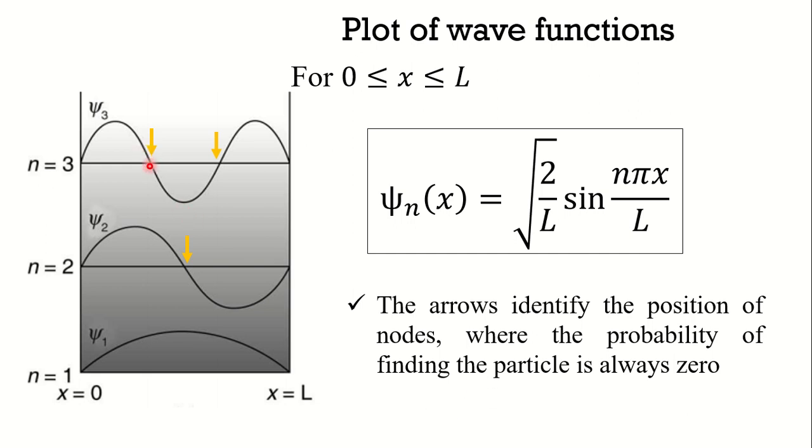The wave function is 0, so obviously the probability of finding the particle, psi squared, is also 0 at this position. The number of nodes for the ground state is 0, for the first excited state is 1, for the second excited state is 2, and it increases with increasing n.